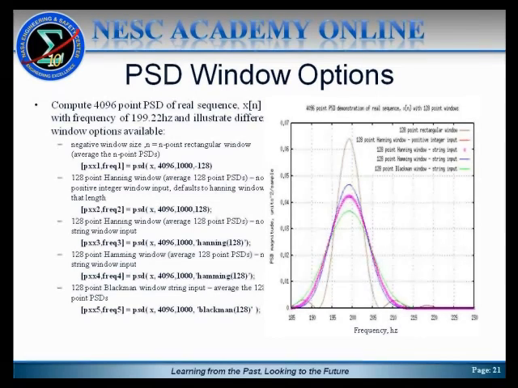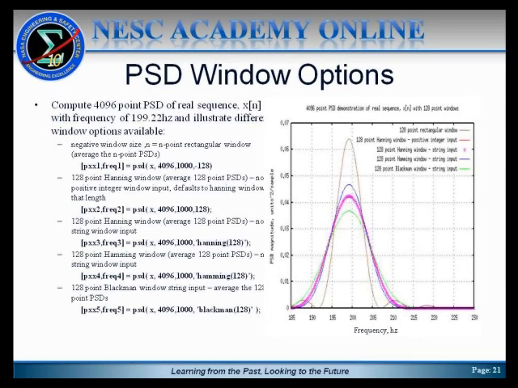If you provide a negative window size for the window input, that will result in basically an n-point rectangular window. If you just provide a positive integer for the window size, that results, by default, in a Hanning window of that size. Then you can also provide string inputs.